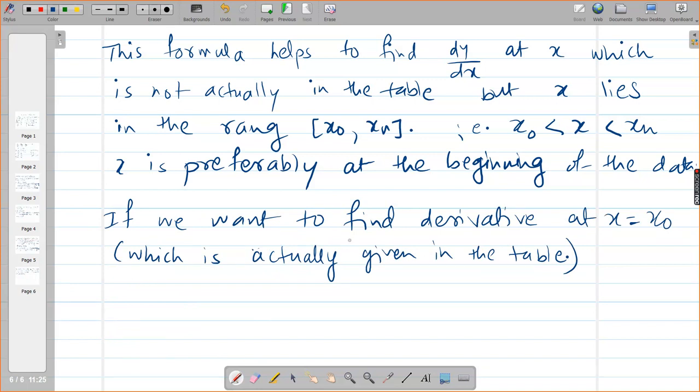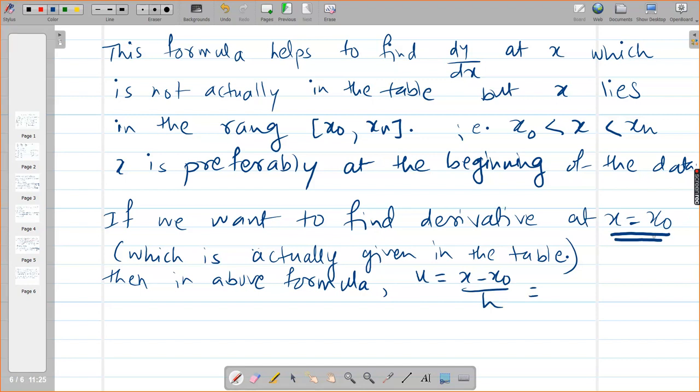If we want to find derivative at x equal to x0, then in the above formula, what will happen to u? U is x minus x0 upon h.